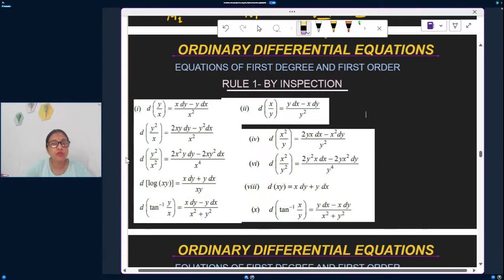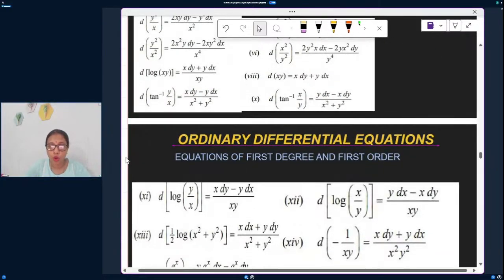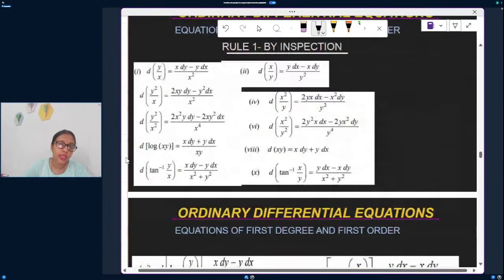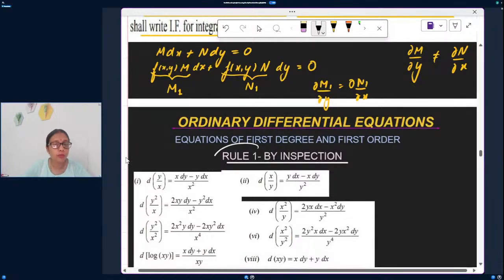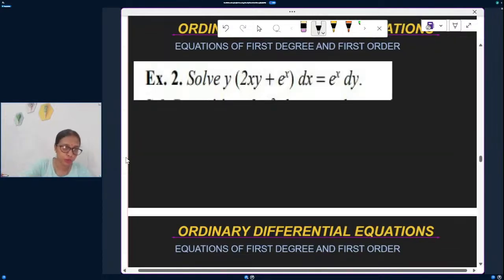The reason being, it involves so many formulas to remember. So here it is written as rule 1, but you don't try this method the first time to find the integrating factor. You will try the second rule, third rule, fourth rule, and then you will come to this one.